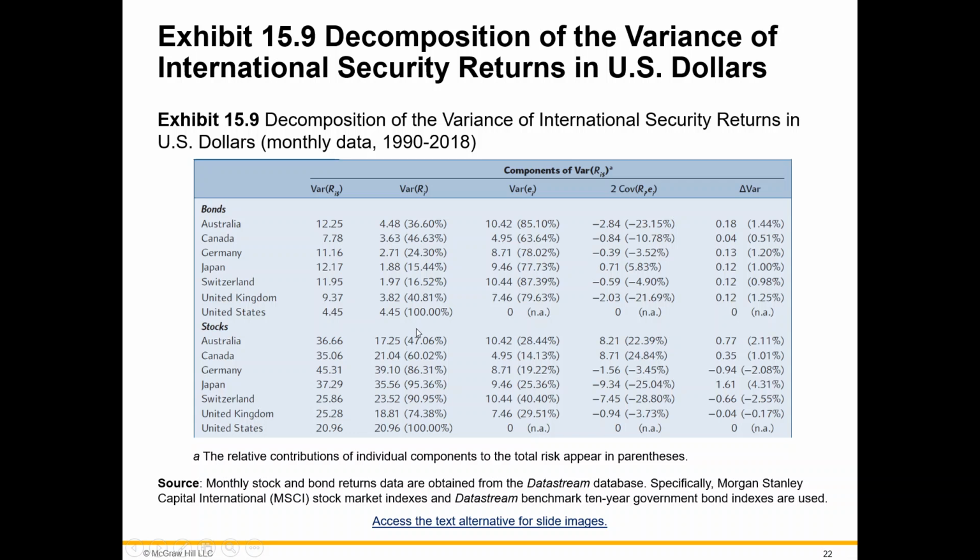So in Germany, this high number is driven primarily by the risk of German securities. Whereas in Australia, we're 20% less security risky, but there's quite a bit more correlation between exchange rate risk and securities risk than in Germany. If you're not familiar with the Australian stock market, a large chunk of the Australian economy relative to other places is in mining, which is commodities, which tends to be globally integrated.